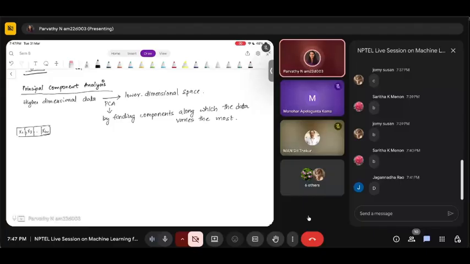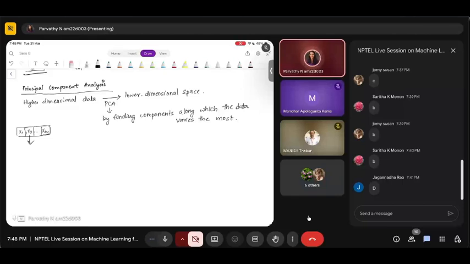Having one color means there is no variance at all, but if I have 10 colors, then there is some variance, right?